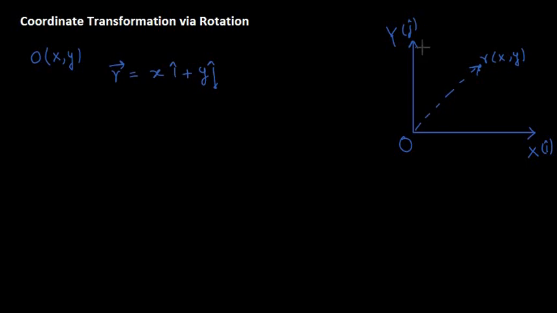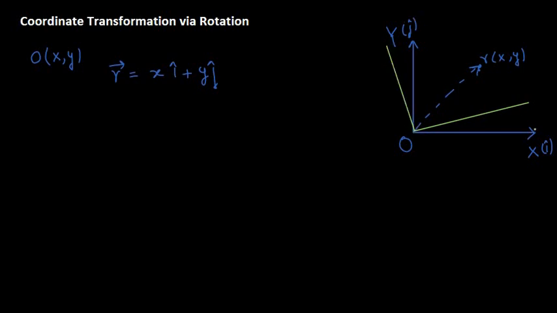Suppose I have rotated my coordinate system such that my new coordinate axes look like this. Let me draw the similar axis for y. So from here, the transformation happens like this.